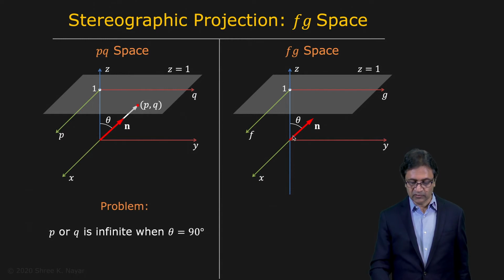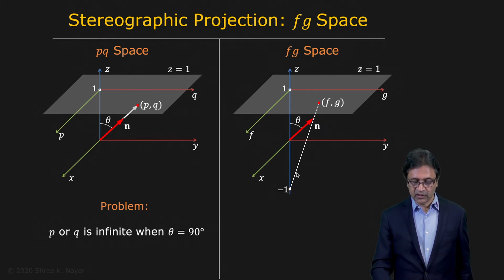So here's your normal right here, same angle theta. And on your z equal to 1 plane, we now label these as F and G. And the way you go from N to FG is that you take a point at -1 on the z-axis, this point right here.